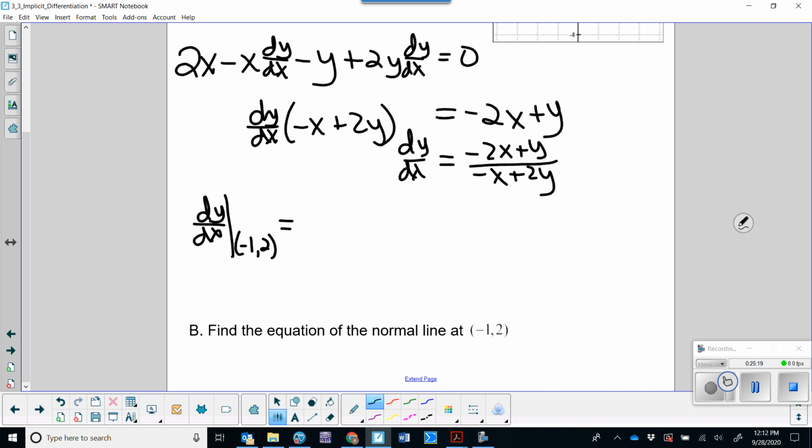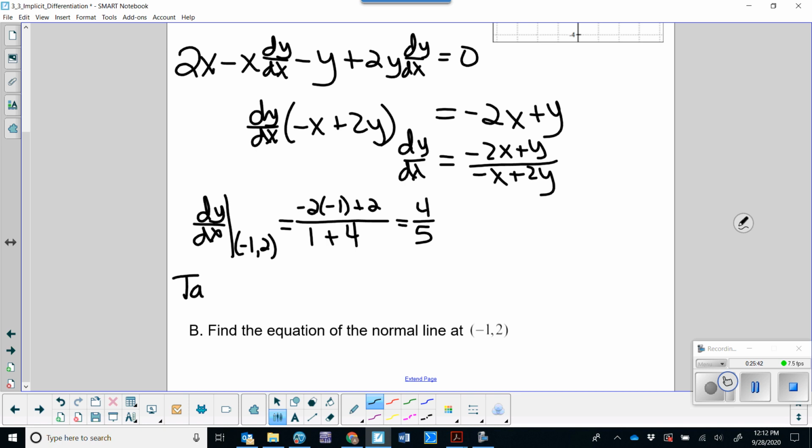So I'm simply going to plug that in. So I'm going to have negative 2 times negative 1 plus 2 over 1 plus 2 times 2, which is 4. So my slope is going to be 4 over 5. Okay, so there's my slope of the line.